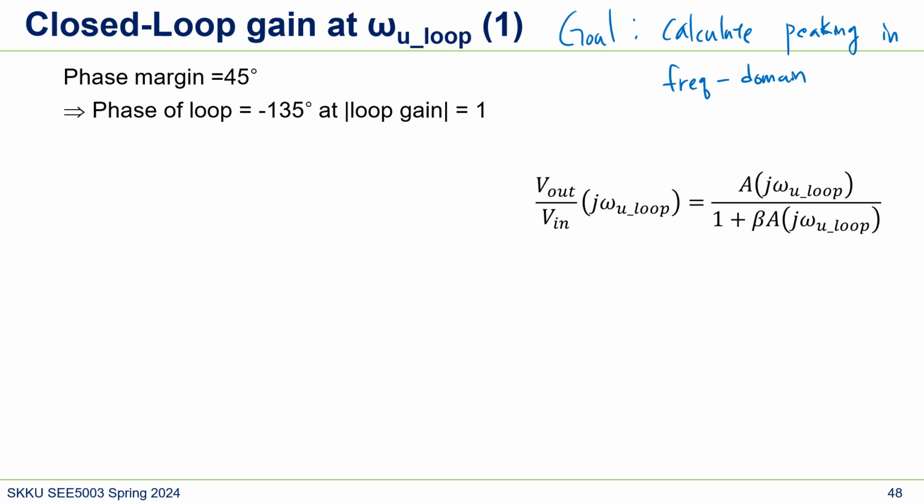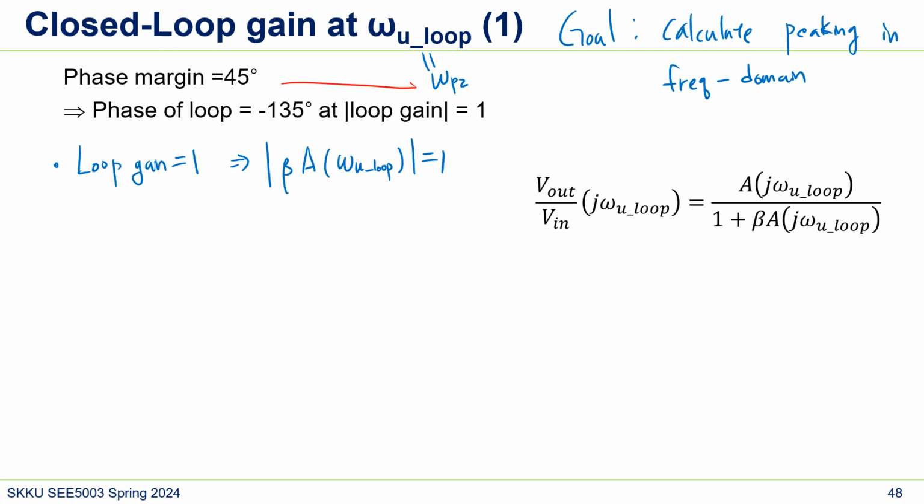So that means the loop gain is 1, which means beta A at omega U loop is 1. In this case, this omega U loop is WP2, only in this example, since the phase margin is 45.